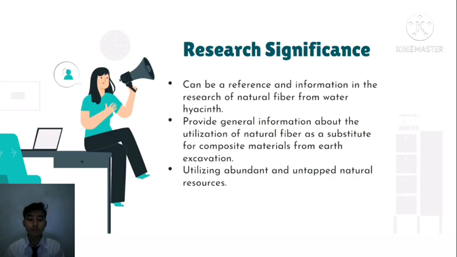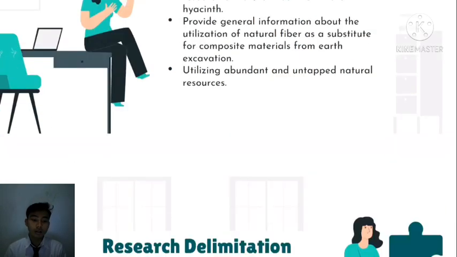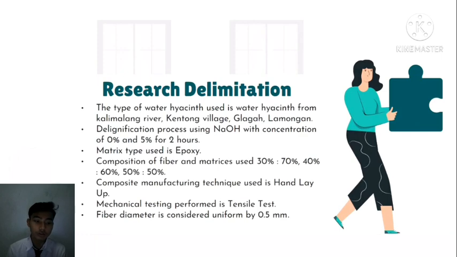Research delimitation. 1. The type of water hyacinth used is water hyacinth from Kalimantan River, Kentong Village, Gelaga, Lamongan. 2. The delignification process uses NaOH with concentration of 0% and 5% for 2 hours. 3.